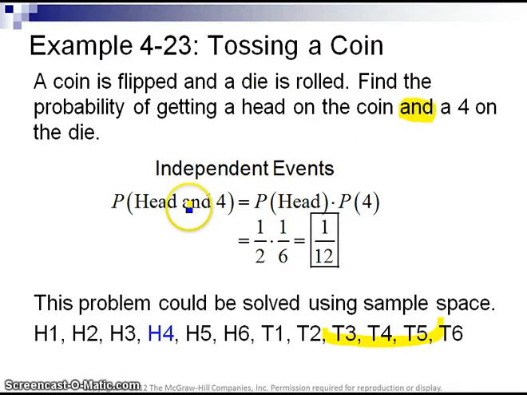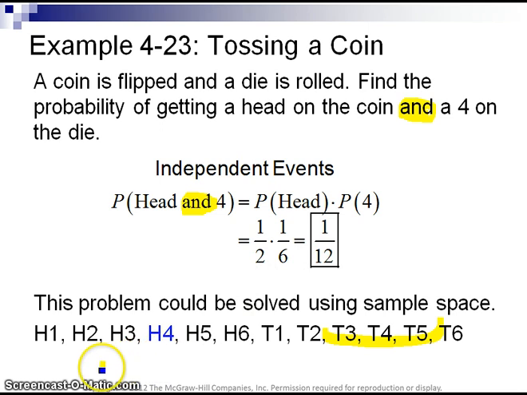So we're looking at the probability of head and 4. So we're going to ask ourselves, are these events independent? And yes, they are independent, because here we've got probability of head is 1/2, probability of getting a 4 on the die is 1/6. Flipping the coin is not going to influence the outcome of rolling the die. So we just multiply those two together.